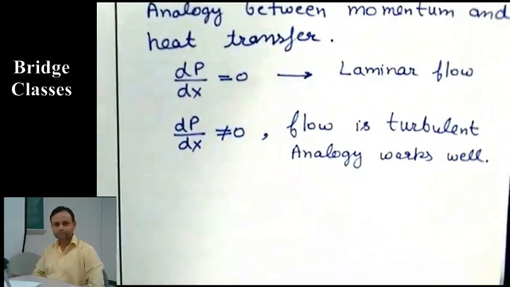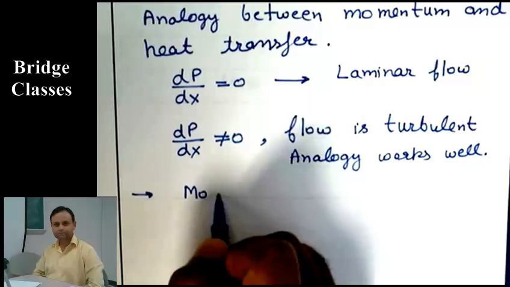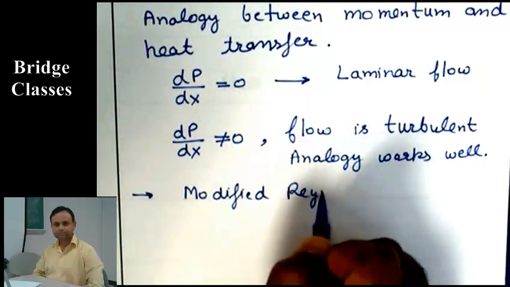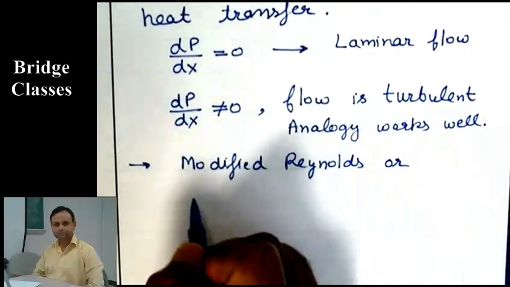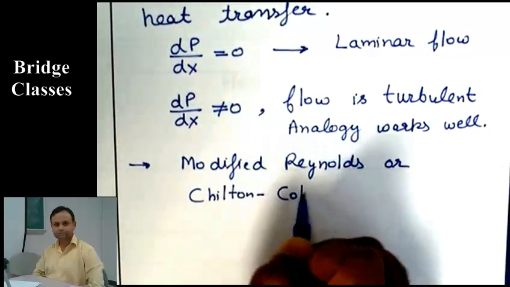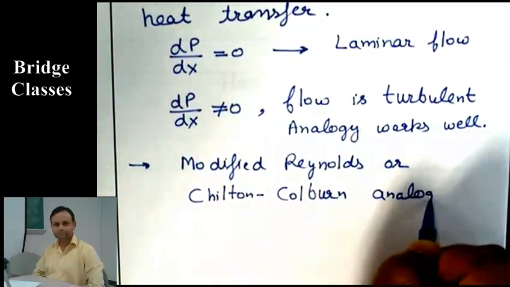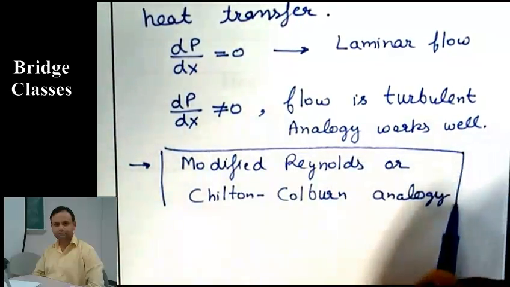And this analogy is called the modified Reynolds or Chilton-Colburn analogy. That is the name of this analogy.